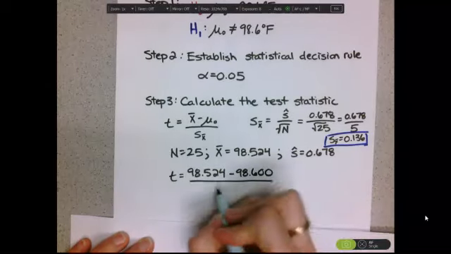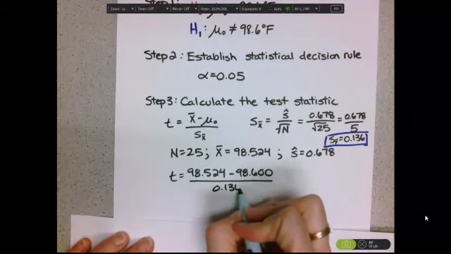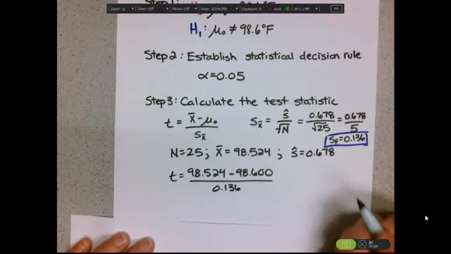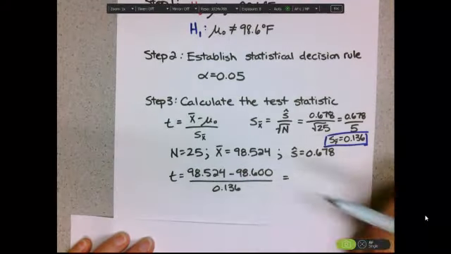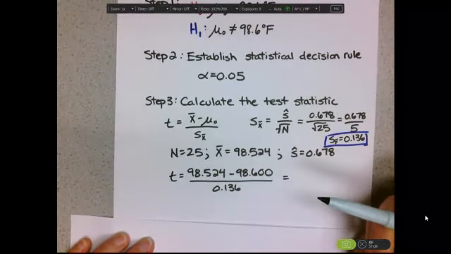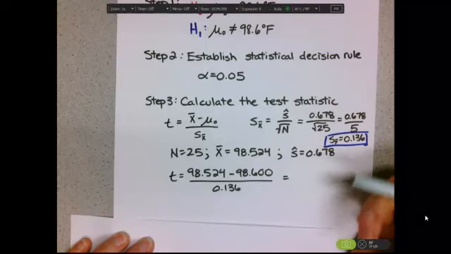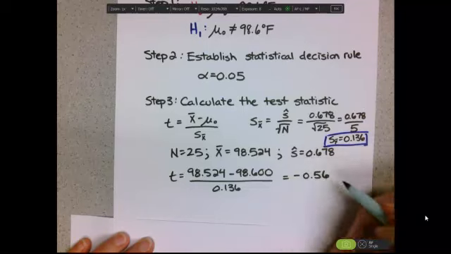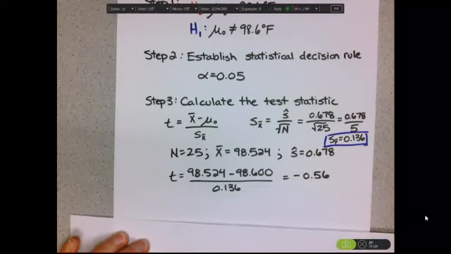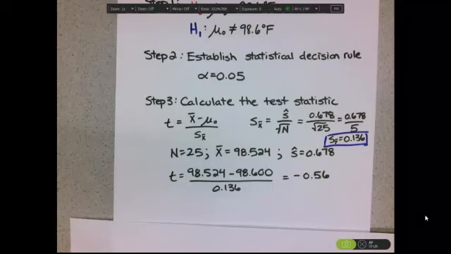Divide that by the standard error, which is 0.136. When we calculate that, because our value from our sample is less than the one in the null hypothesis, it's going to end up being negative, with a value of minus 0.56. So that is the t statistic that we've calculated.